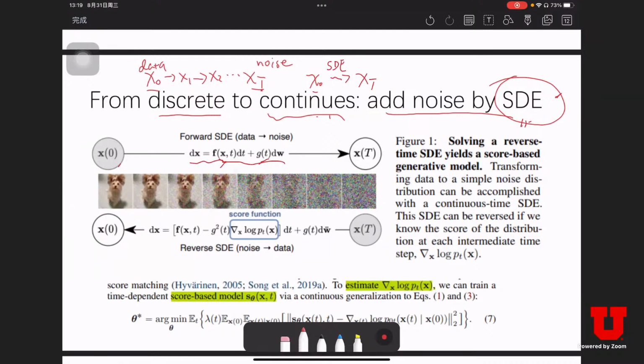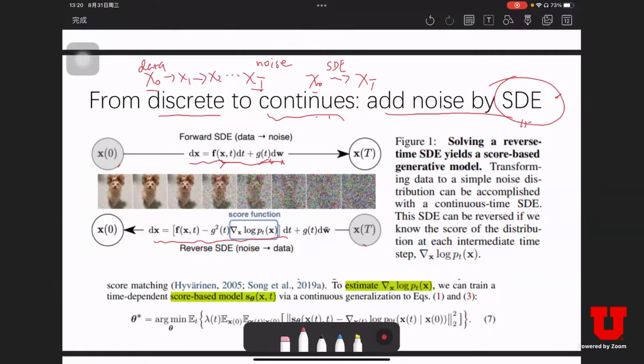However, for SDE, when you are given F and G, given the forward SDE of this form, you can directly write down the backward SDE from xt to x0 in this form. Why this holds involves some very dense math derivation, but I don't want to go into such details. I'll just let you know that given a forward SDE with given F and G, you can directly write down the optimal backward, reverse SDE in this form.